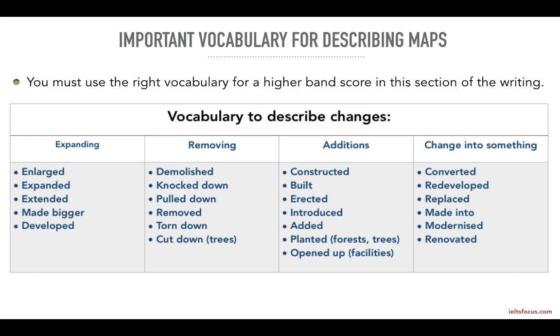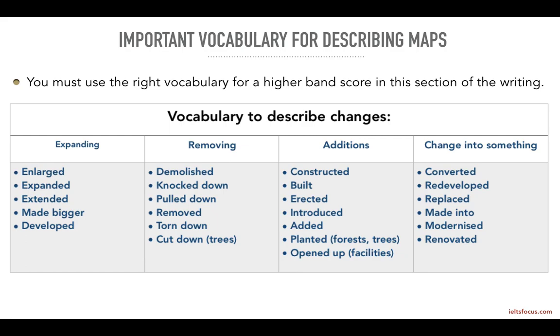And additions like constructed and built and added, introduced. And again, forests and trees, they're planted. And for new facilities, for example, a swimming pool facility, leisure facility, those are usually opened up. So, for example, a new leisure facility was opened up. And changes, when something is changed, we can say it's converted, or it's been redeveloped, or it's been replaced, or modernized, or renovated.